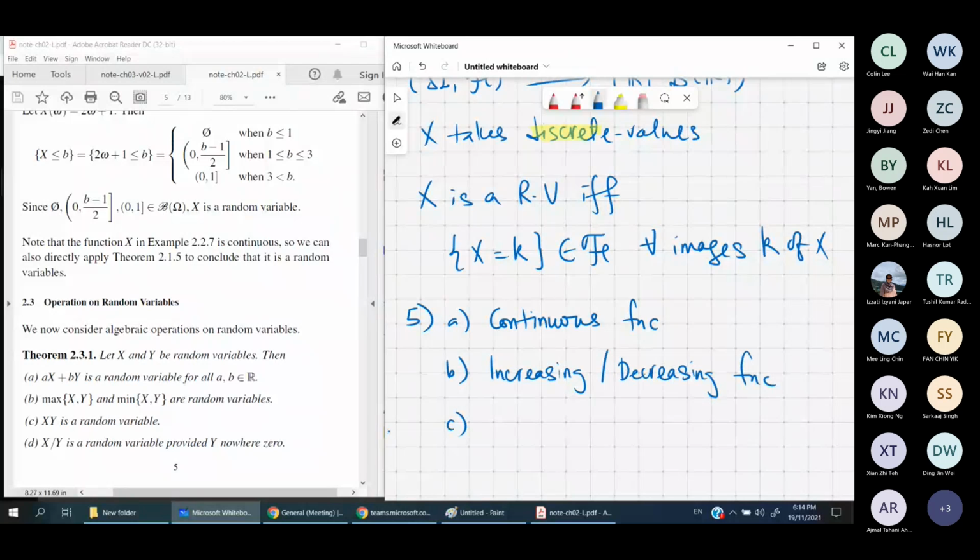And also you can have any kind of combination. So sum of two, okay, all these are random variables.